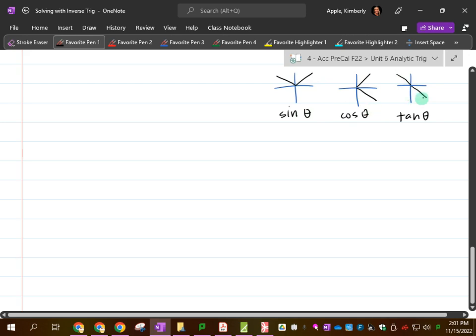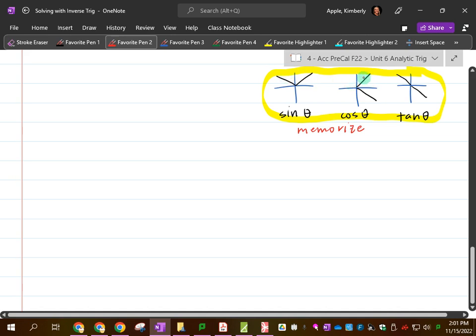Okay, so this is something that you need to memorize. You need to know this relationship. As long as you know that, you can have that, right? Because it's just where they're positive.